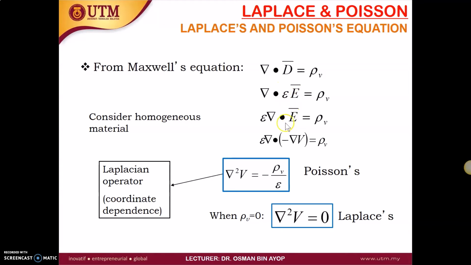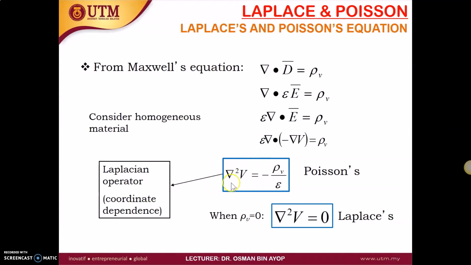So we can bring it out from these expressions, and then we can relate the E with V, where E is equal to negative gradient of V. As a conclusion, we can derive the Poisson equation, which is the Laplacian of V equal to negative rho v divided by epsilon.